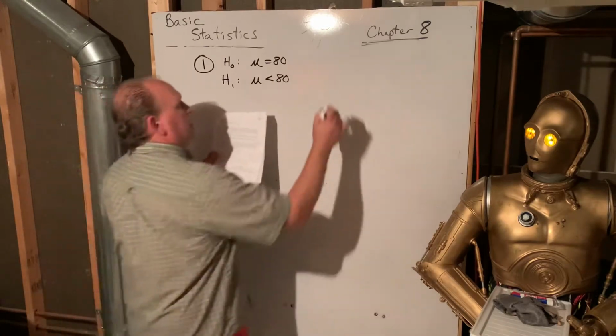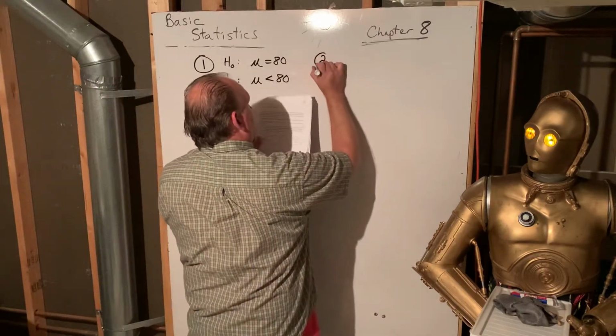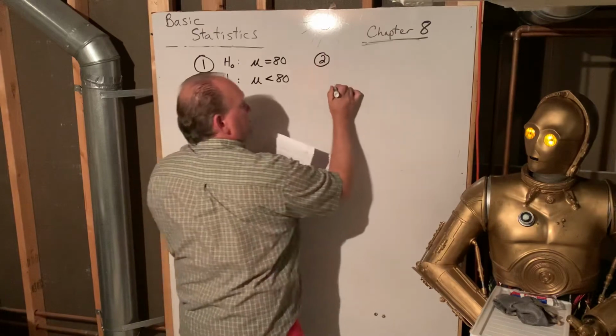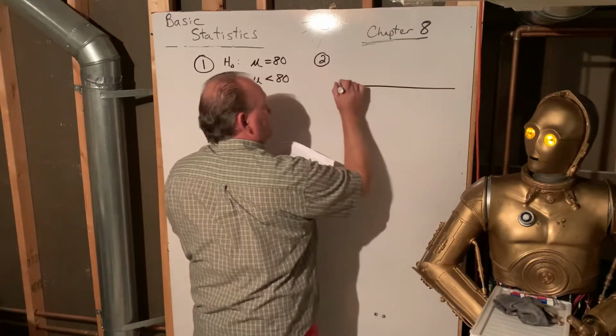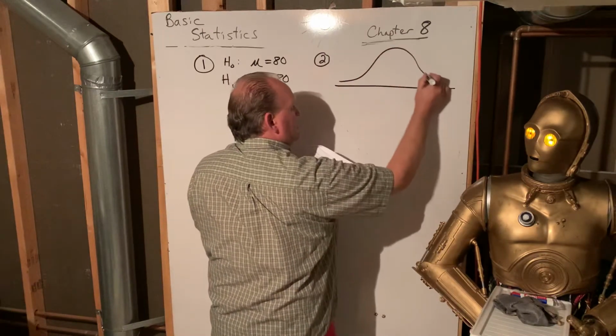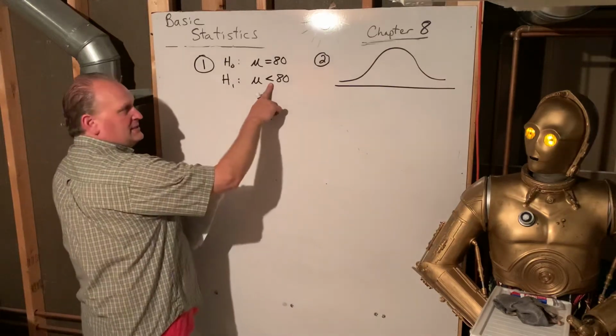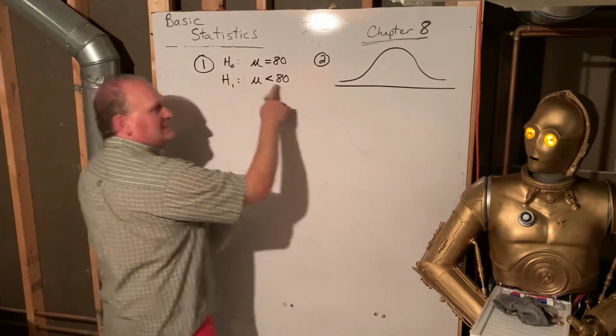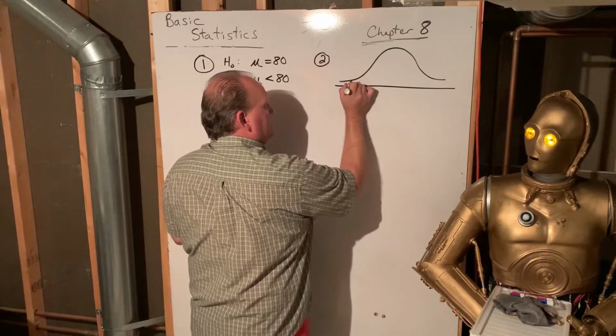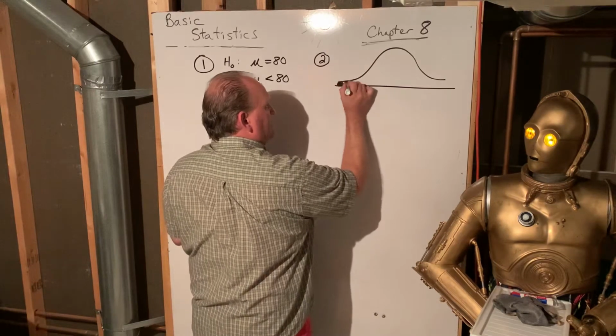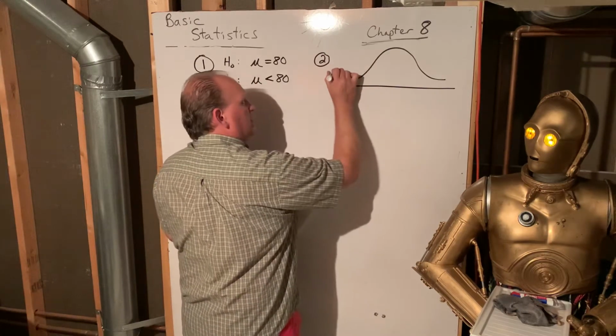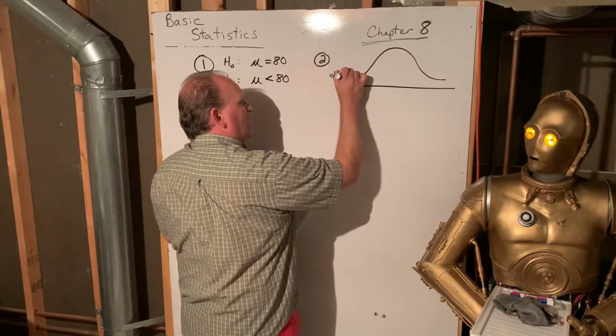Now, our second thing that we do is we draw ourselves a pretty picture, standard normal curve. Since the alternative hypothesis is less, it's just a one-tailed test on the left side. Alpha is set at 5%.